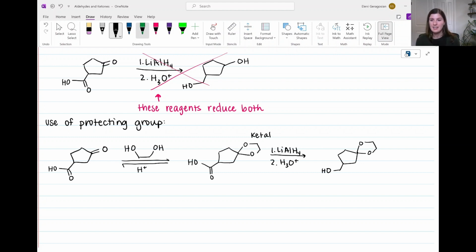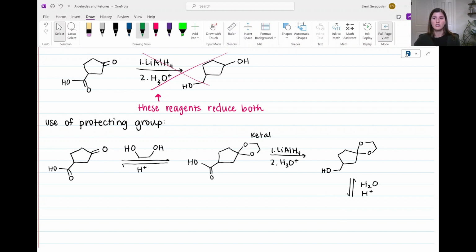Now, ketals and acetals are formed through reversible reactions. So with the correct conditions, in this case, if we add water and some acid, we're promoting the reverse of the formation of the ketal, which is a reversible reaction.